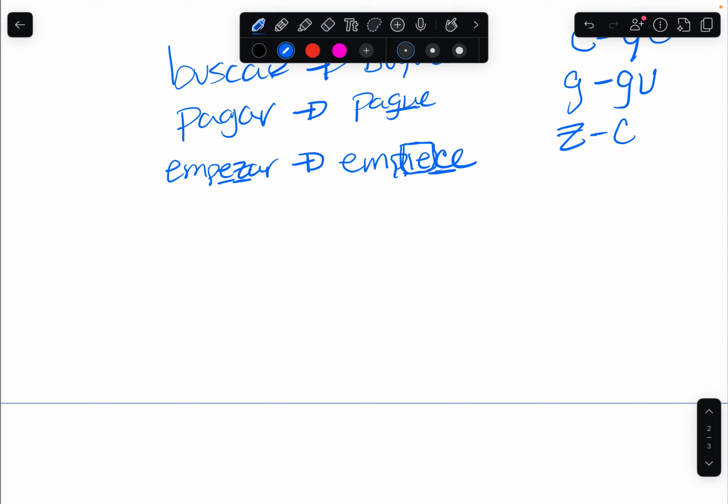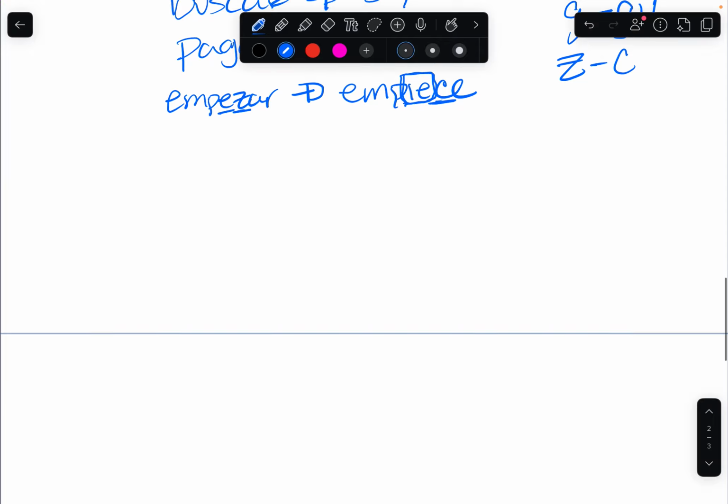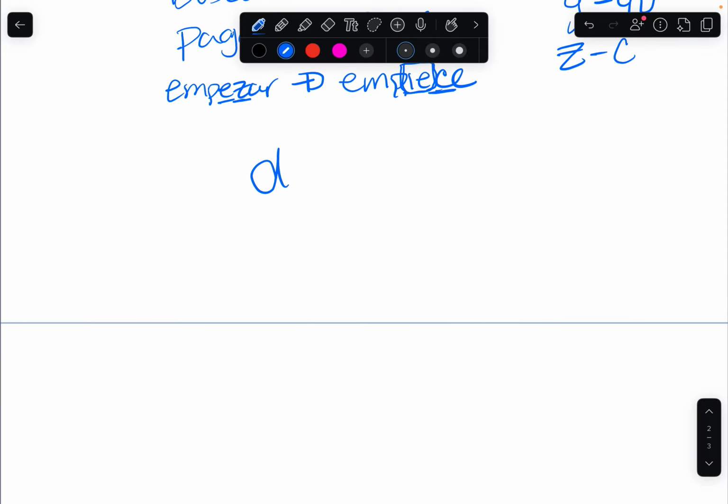So all of these have a stem changing. They have the irregular yo form. And then you have irregular formal commands in general. These are just irregular. So you have dar, estar, ir, saber, and ser.